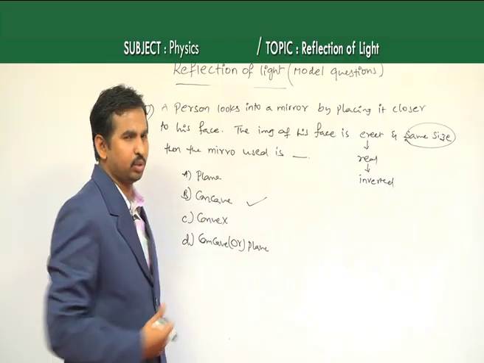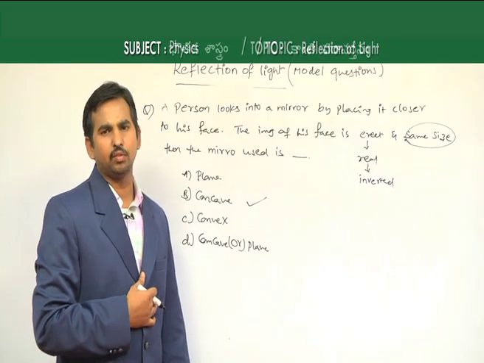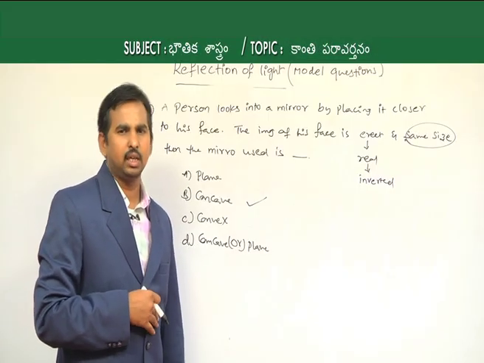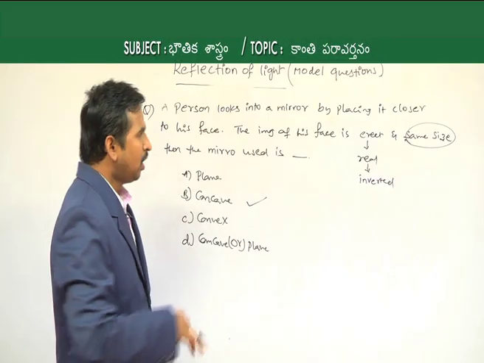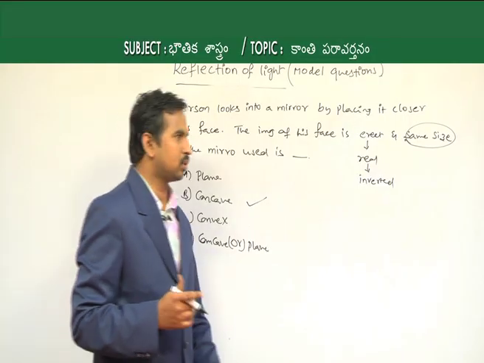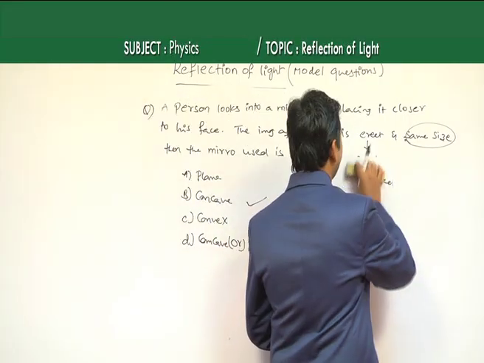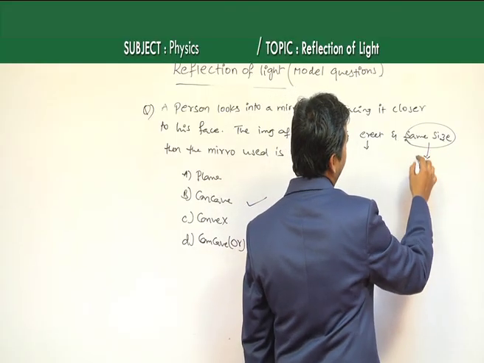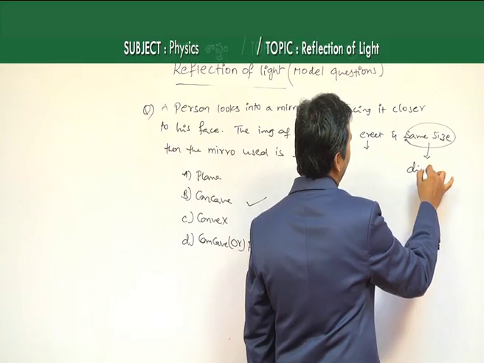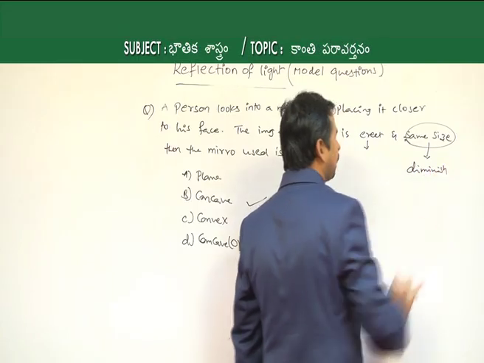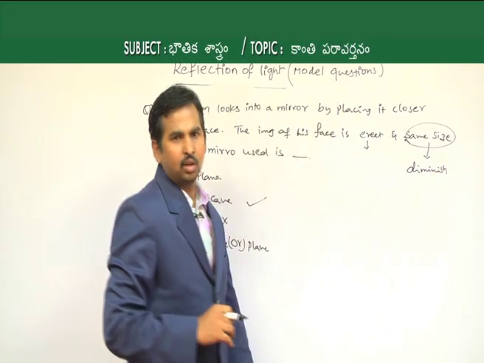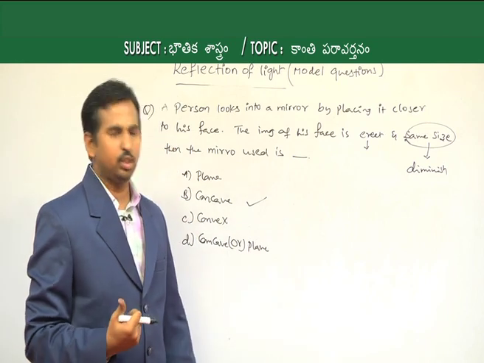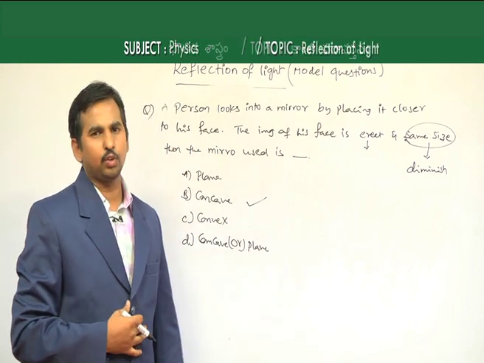In the case of plane and convex mirrors, they always form virtual and erect images. Or the same question they may ask like this: an erect image, but instead of the same size, it is given as a diminished image. Concave mirrors can form diminished images, and convex mirrors also can form diminished images.